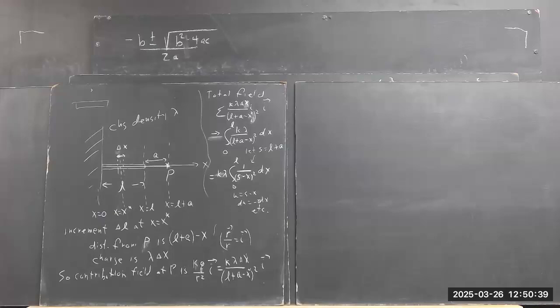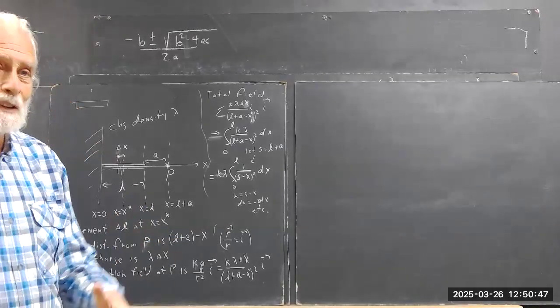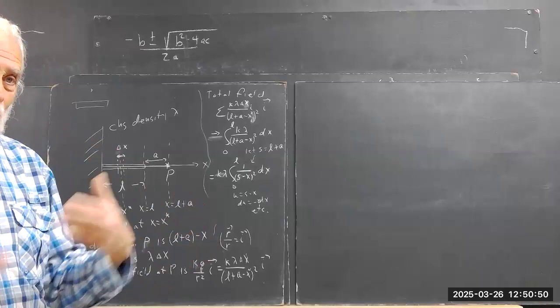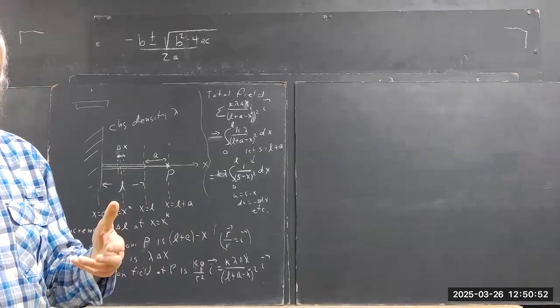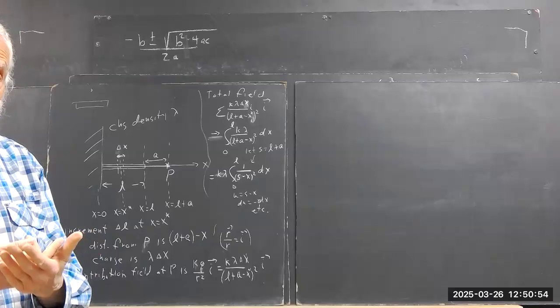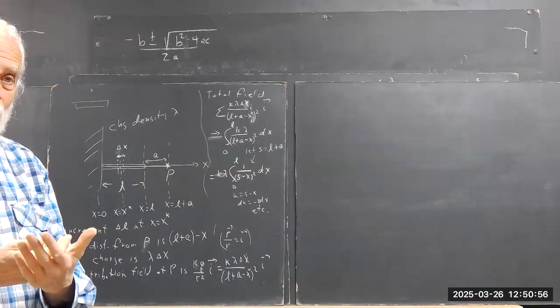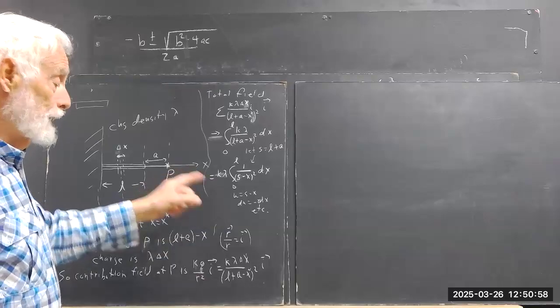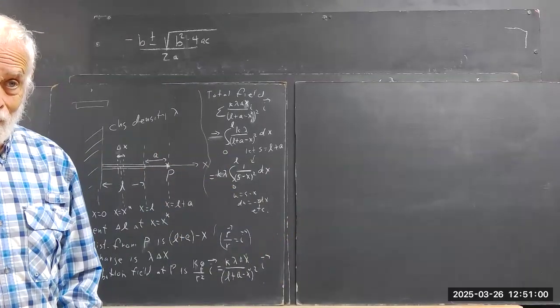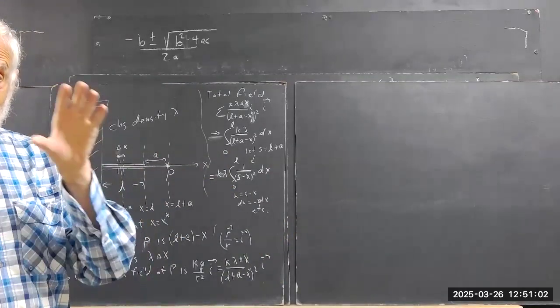What's the effect of a typical increment? Okay, that's all we did here. And you're even told in the problem itself. Now you take a typical delta X or delta L or whatever it is, multiply that by lambda, there's your charge. Now, what effect does this charge have at this point? And now, what's your interval? Okay, they broke it down for you.